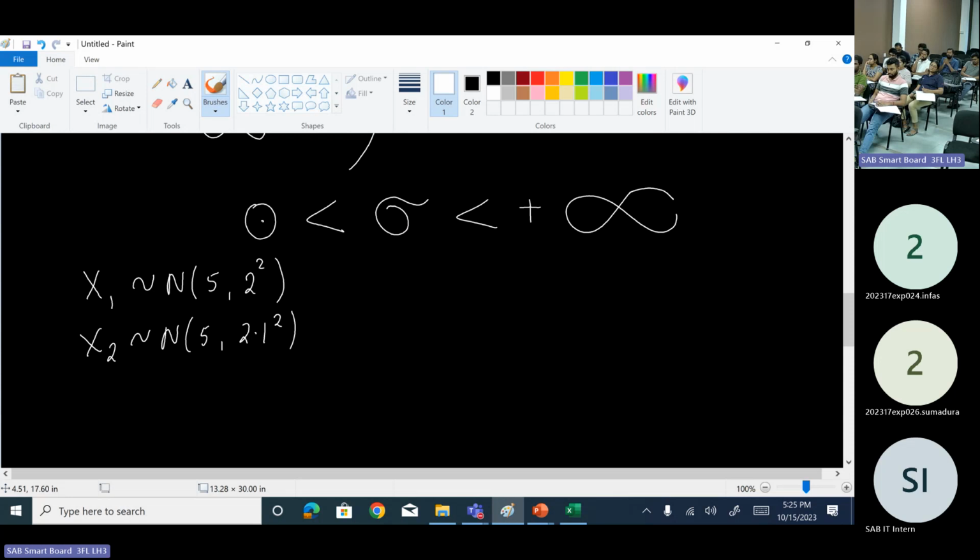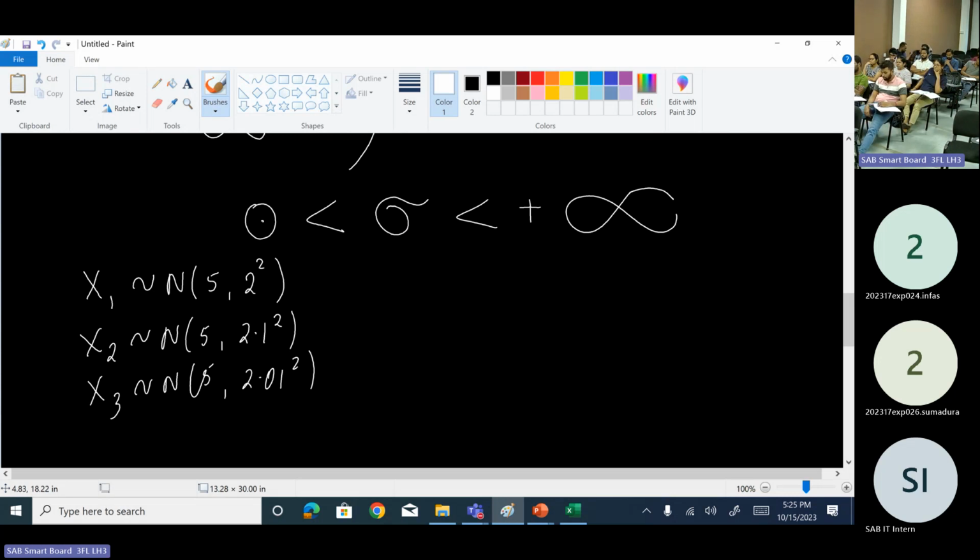Possible, because the standard deviation is different. This is a normal variable, and this is another normal variable. The mean is the same, but the standard deviation is different. So I can create a third normal variable with mean 5 and standard deviation 2.01.